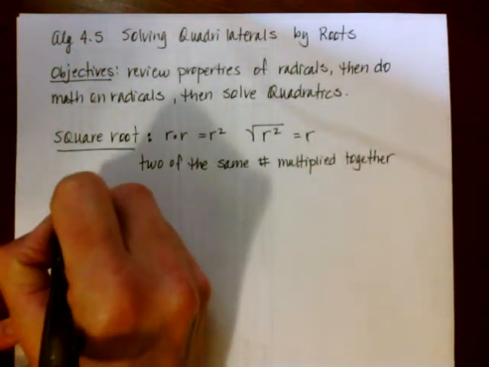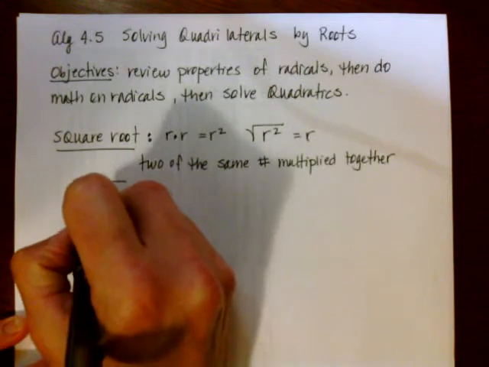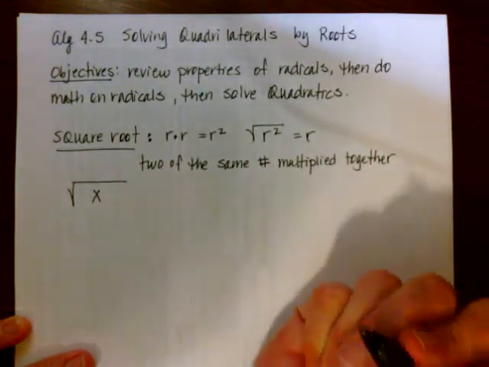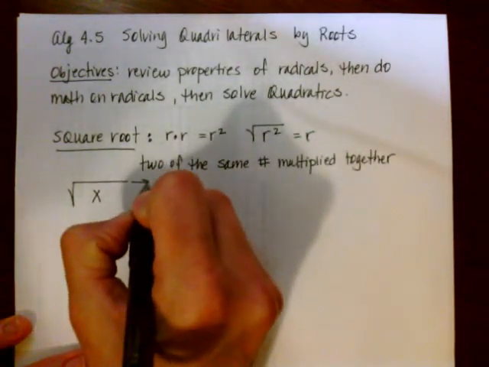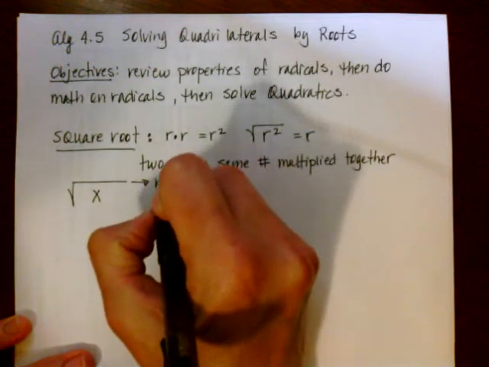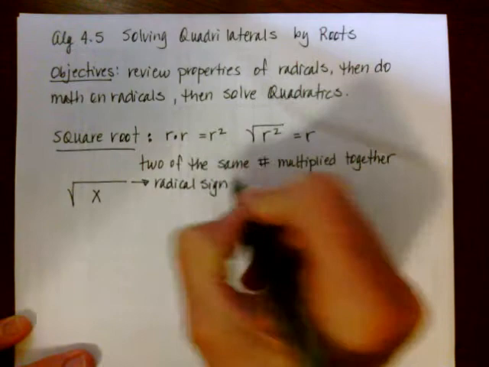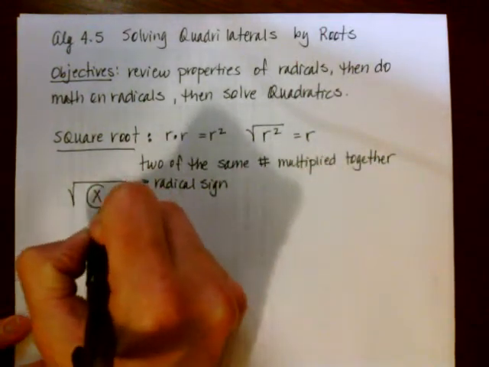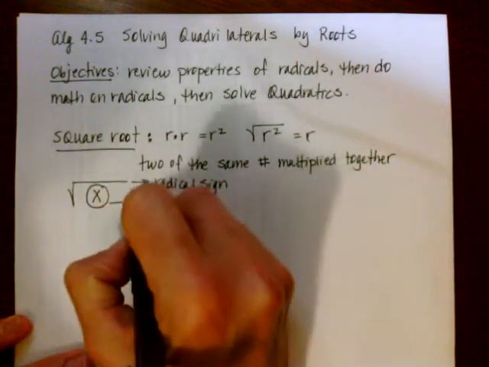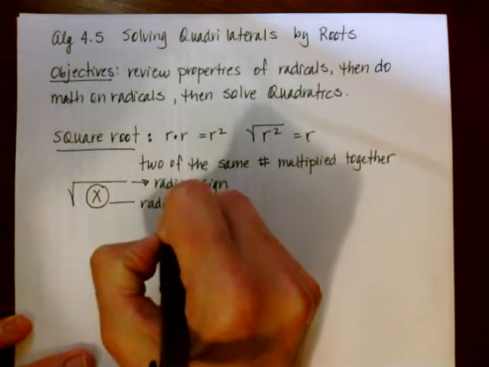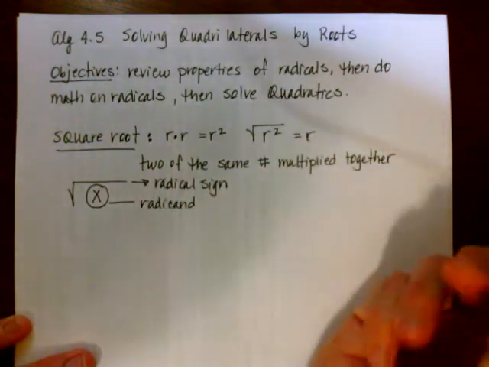Okay, so let's talk about just some definitions. Let's say I have the square root of x. The symbol itself is called the radical sign. The thing underneath the radical is called the radicand, kind of a weird word.